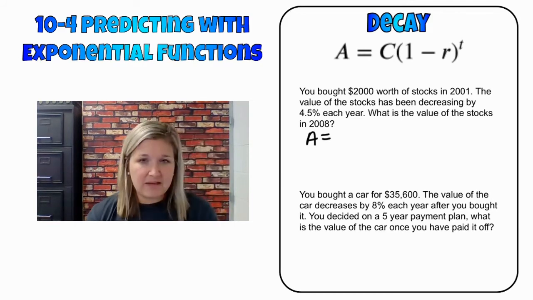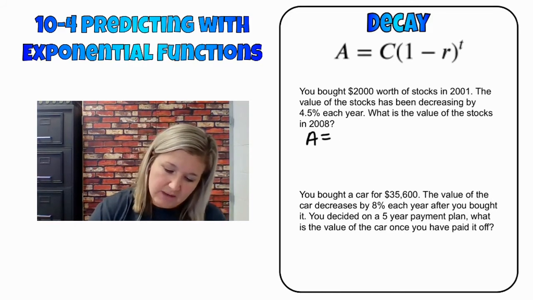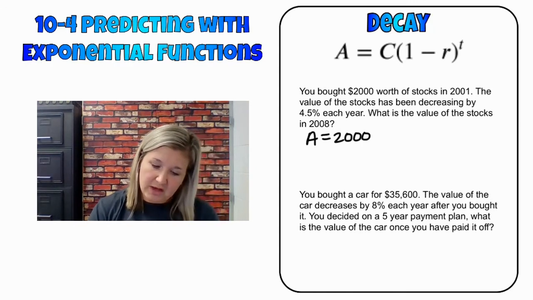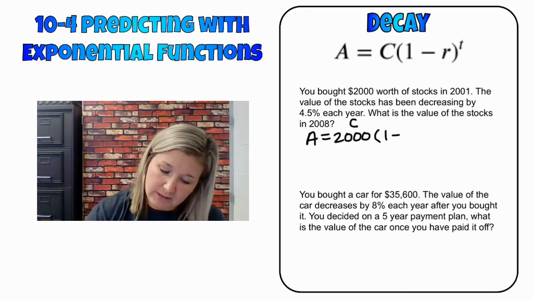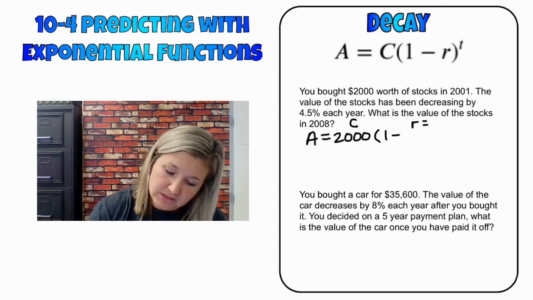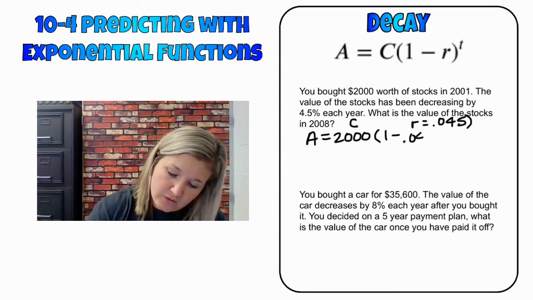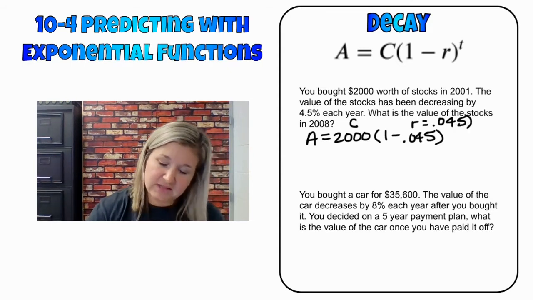Remember, I still have my ending amount. A is going to be the beginning amount, which was $2,000. You put $2,000 in. It's going to be 1 minus the rate. So this is C. Sorry, I did not write out what C was. C was 2,000. And then I have my R is going to be 0.045. So 0.045 is going to be R. And then raise it to the T power.